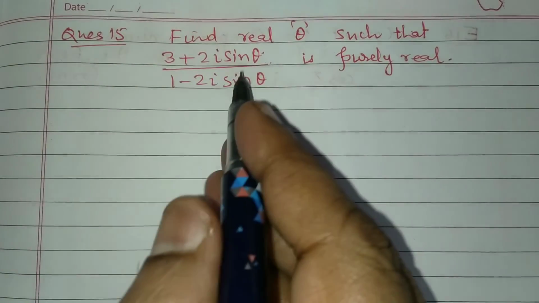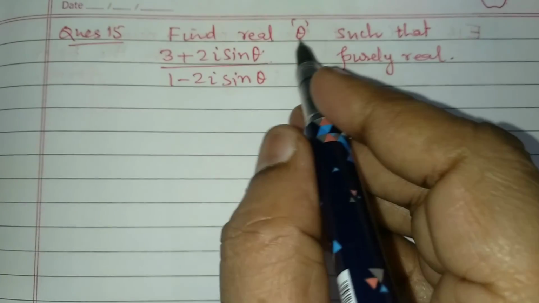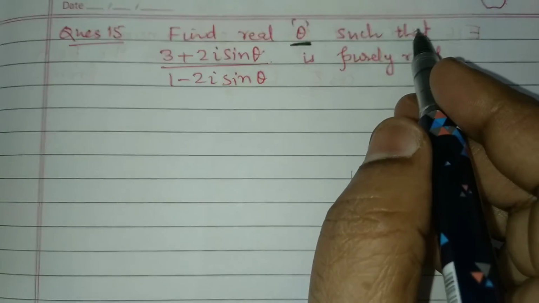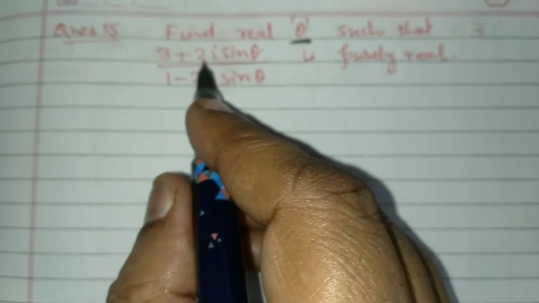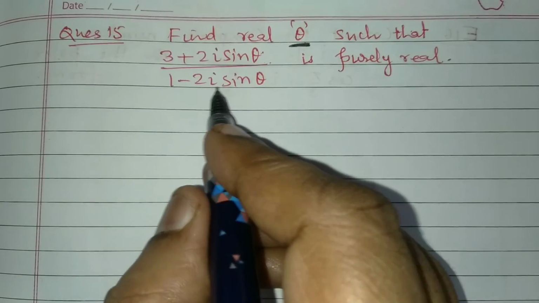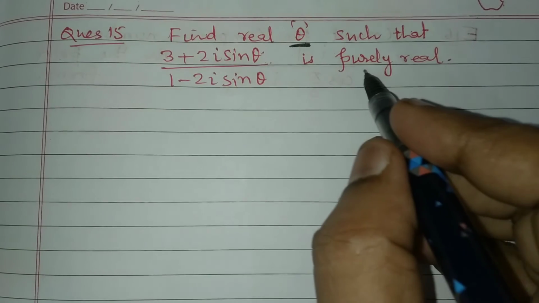Question number 15 says: find theta for this complex number such that (3 plus 2i sin theta) divided by (1 minus 2i sin theta) is purely real.